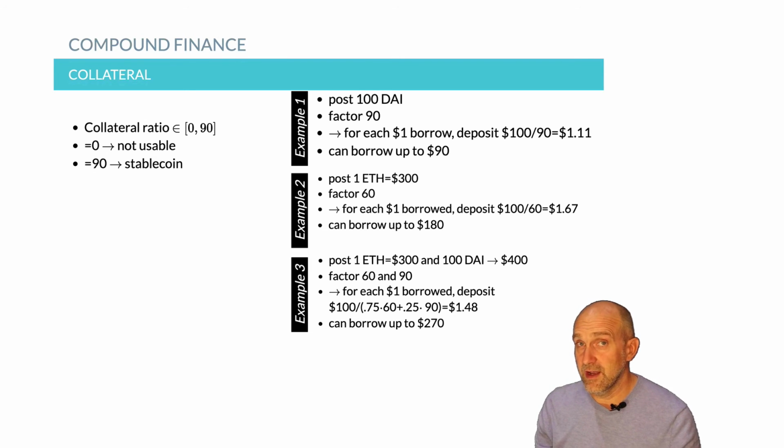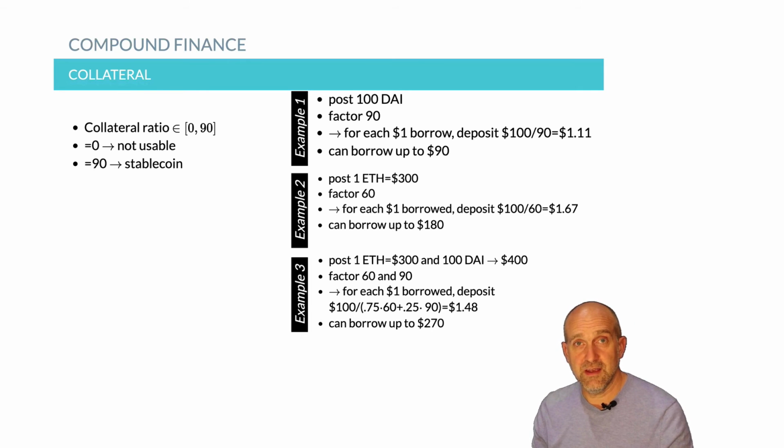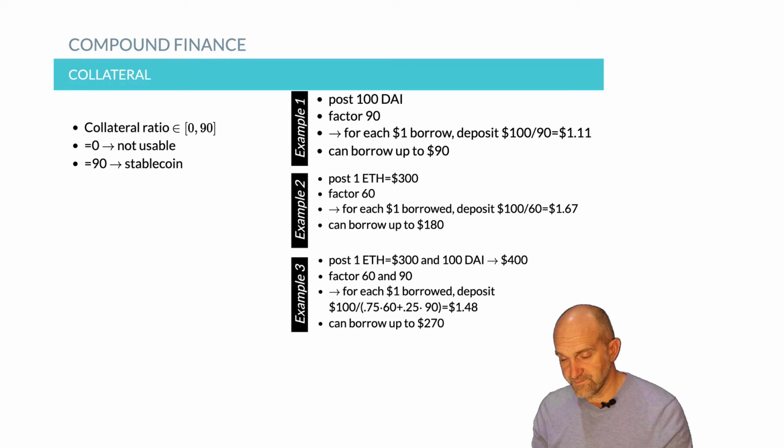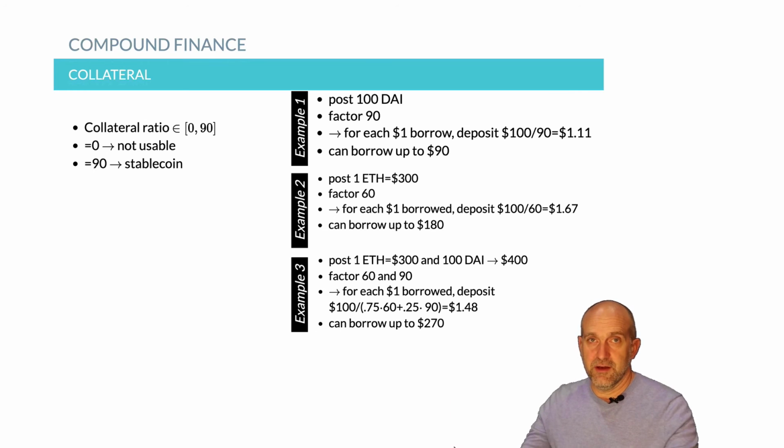You can borrow then up to $90 based on that collateral. And let's say you take ETH. You put $300 worth of ETH into the contract. The collateral ratio is 60, so you can take up 60% of that amount as a loan. So as you put down that amount, you can take out basically a loan for $180.